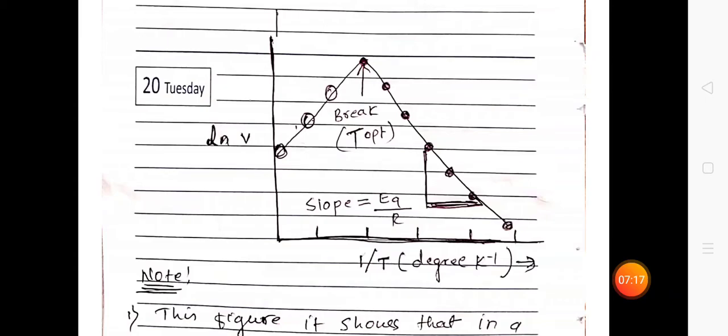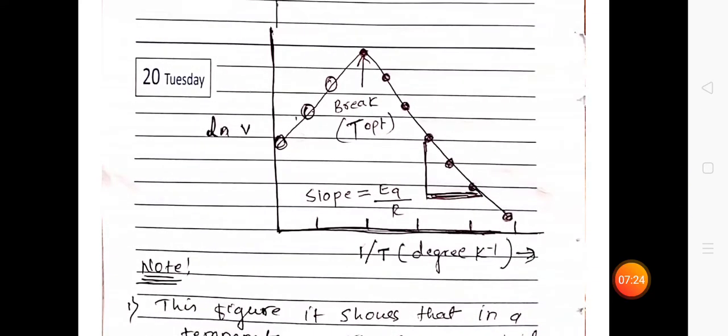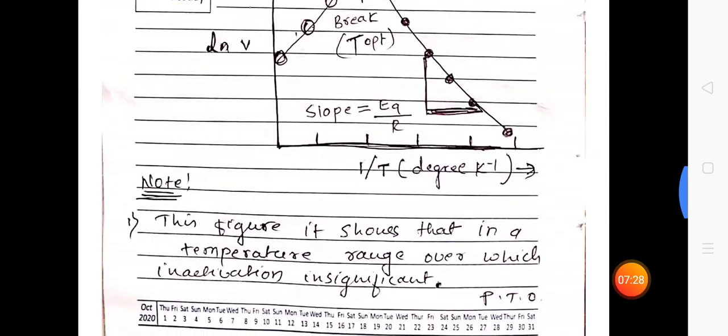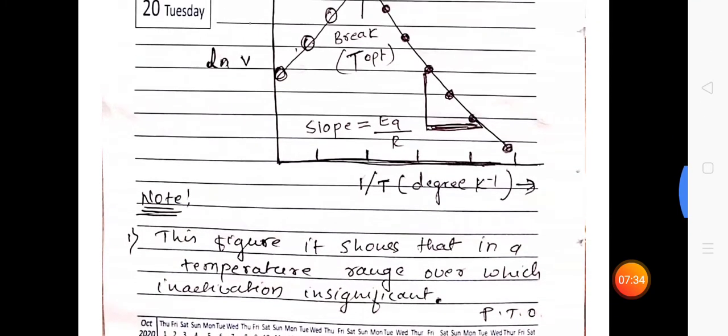The round dark symbols and the declined symbols are shown, and you can see where the break points are. This figure shows that in a temperature range over which inactivation is insignificant, the value is insignificant.